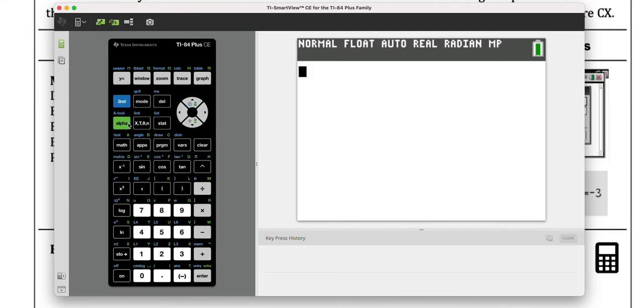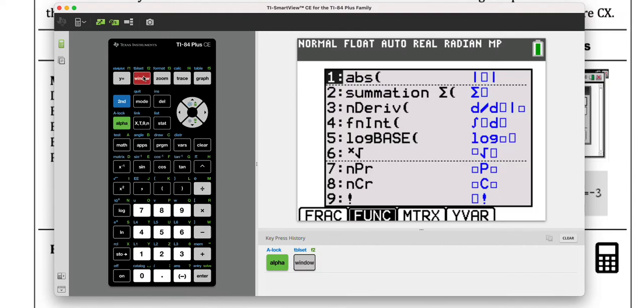If you have a TI 84, there's actually 2 places to find this. One is the secret menu, which you get to by hitting alpha, and then F1, F2, F3, F4, which I think is F2. Yes, it is. The third one, derivative.